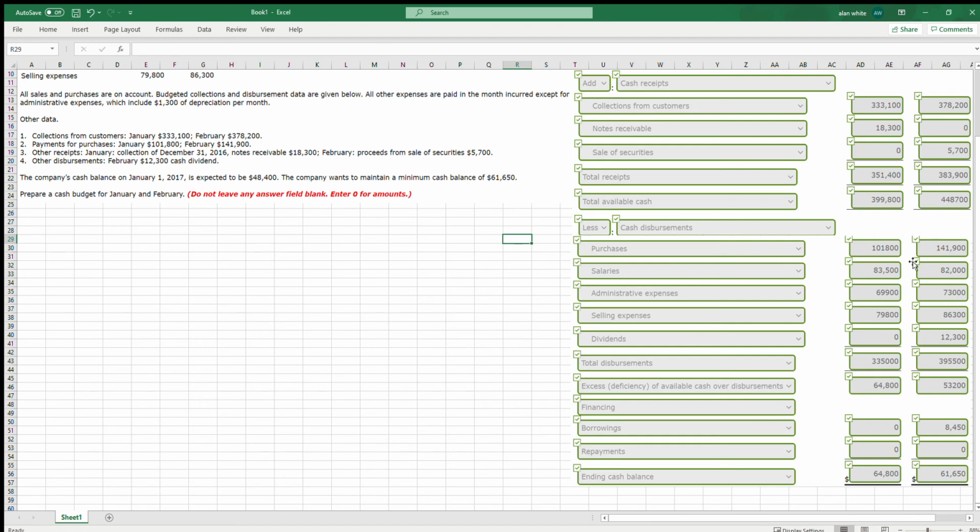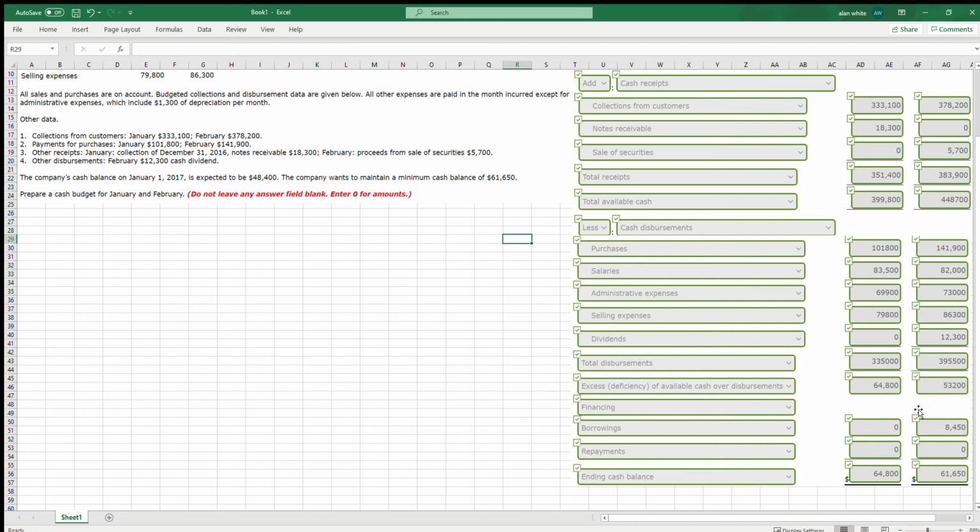Okay, and we can now also find our available cash over disbursements for the month of February as well. Again, we find that just by taking our total available cash, subtracting our total disbursements. In this case, that's going to put us at $53,200. For the disbursement section of our statement for February.